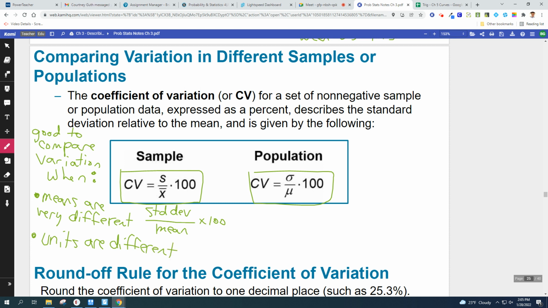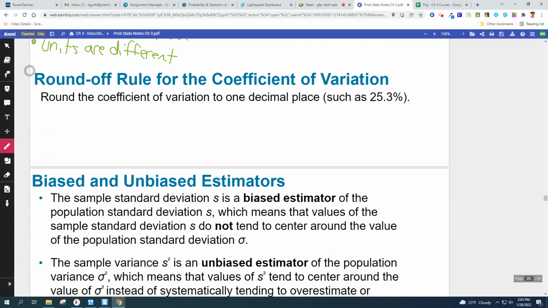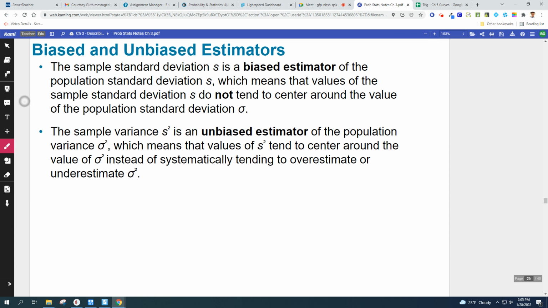So if we were trying to compare lists of numbers and one's talking about lengths in feet and the other one's talking about weight in pounds, all right, it'd be hard to compare those numbers, but this makes that comparison possible. Round off rule for the coefficient of variation. This one says round to 1 decimal place, which is different than the round off rule we had before that said keep an extra number. I think it's weird when they change it up, but they did here.